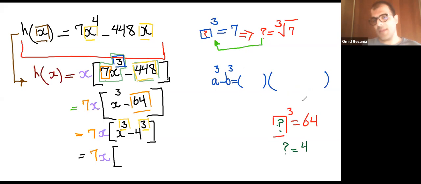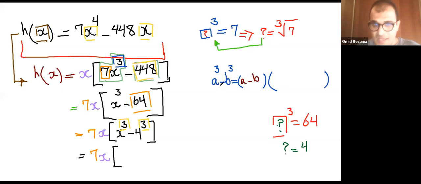We call that the cubic difference. The first one is going to be a minus b.